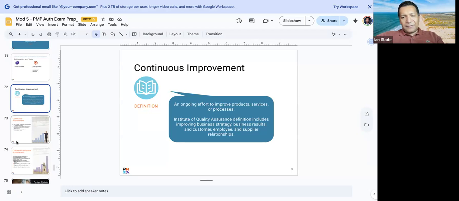For continuous improvement, for the test, you want to make sure that you have ways of looking at how we can do things better, right? It doesn't mean that you don't release a product if you've just met the standards, but always have it in the back of your mind.